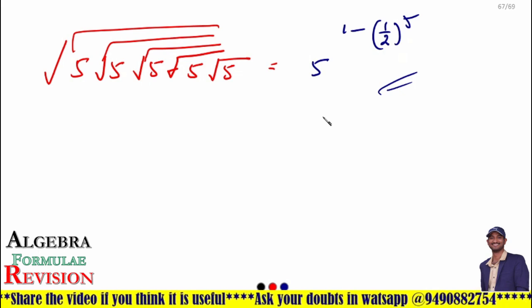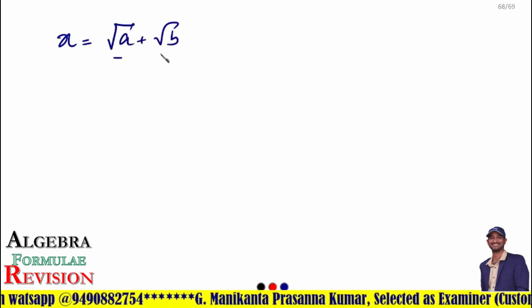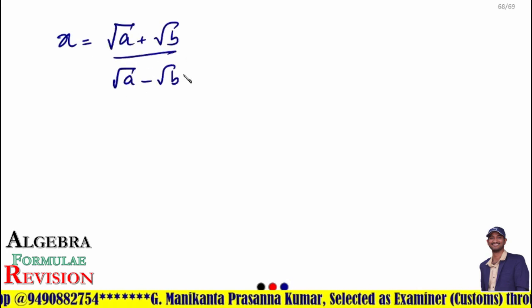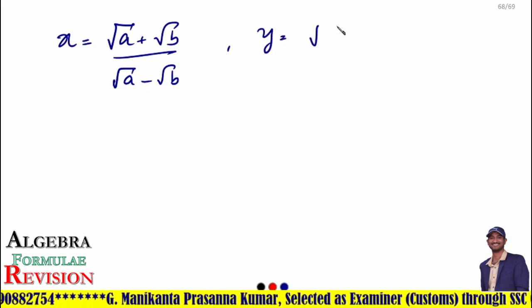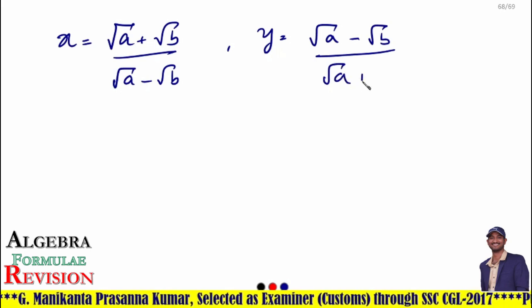Okay. And the last formula in surds and indices. If x is equal to (root a plus root b) by (root a minus root b), and y is equal to (root a minus root b) by (root a plus root b).